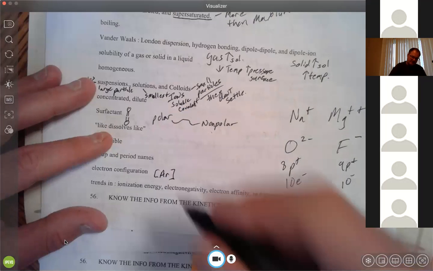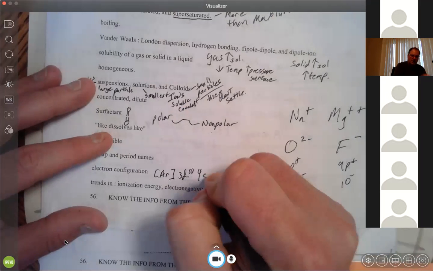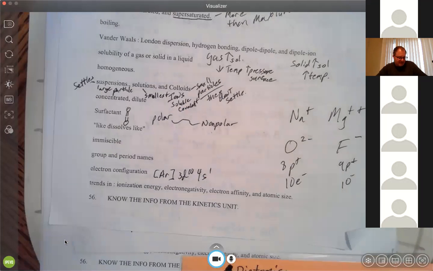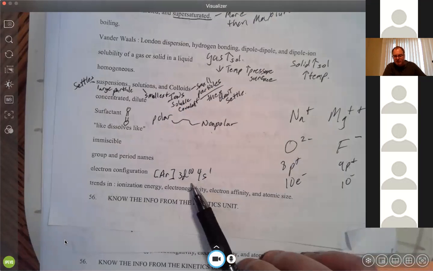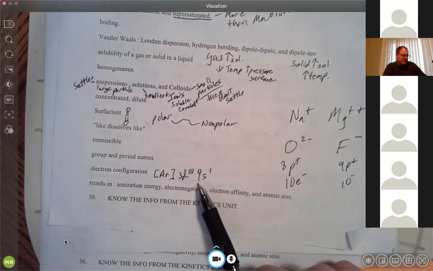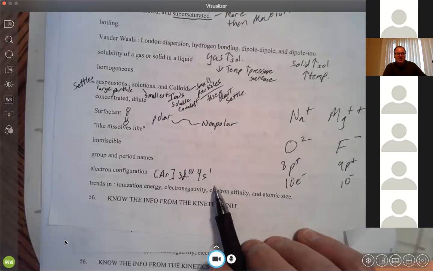We have argon, we have 3d10, 4s1. This is the electron configuration for copper. It looks a little weird to us. We might think that this is the excited electron configuration, but it's not. That 3d10 filling up versus having a 4s2 3d9, this seems to be more stable.